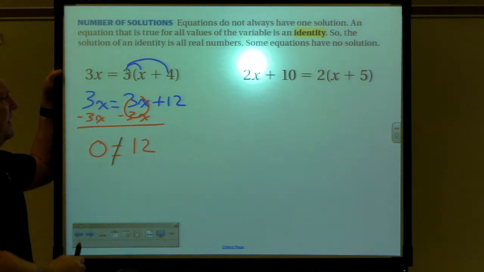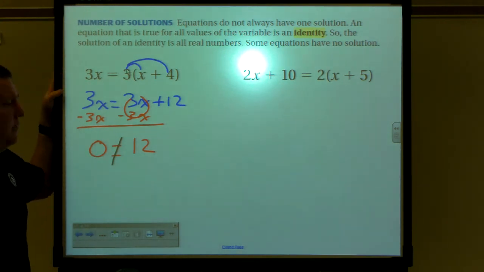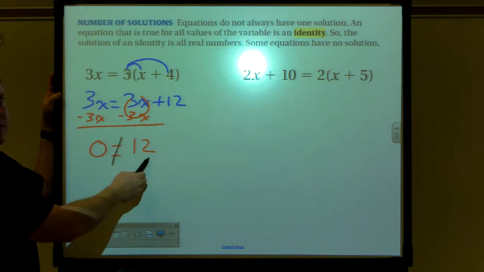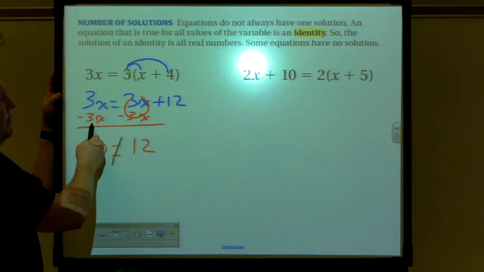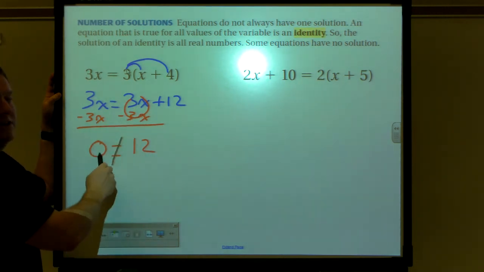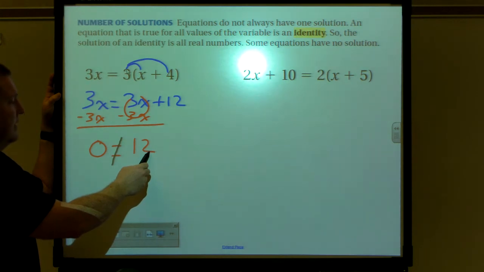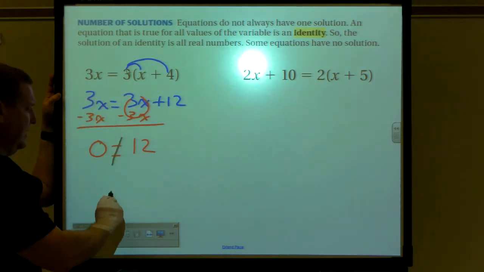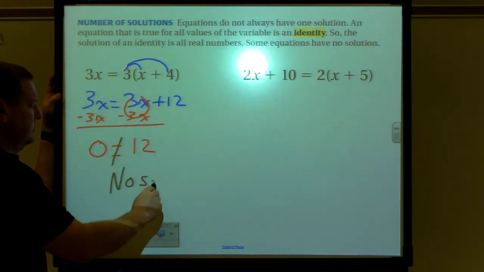What happened is my x values dropped completely out of the problem, and when that happened, the statement that was left over was not true, which means since the variable drops out of the problem, it doesn't matter what I put in for the variable, the equation will never be true. Okay, so this particular problem here has no solution.